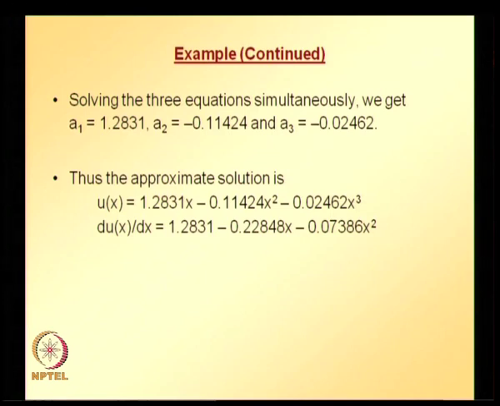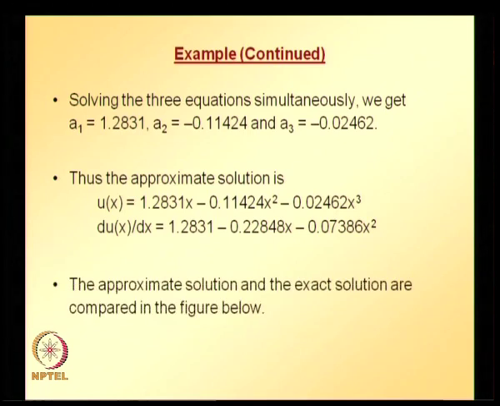And then to see how the approximate solution matches with exact, you can overlay the exact solution plot with this approximate solution. The approximate solution and exact solution are compared in the figure below.